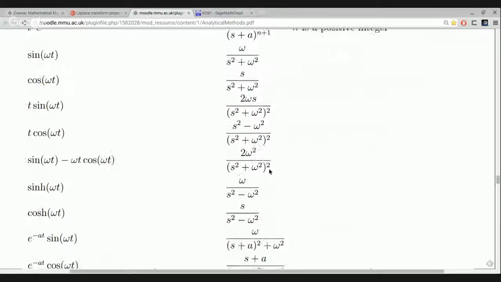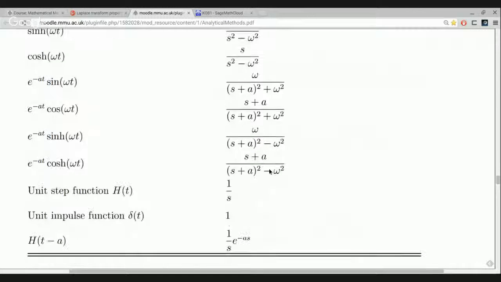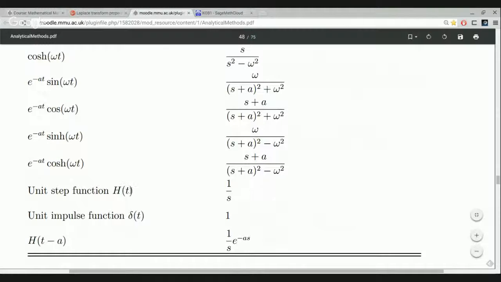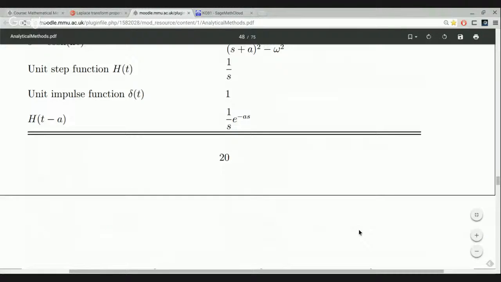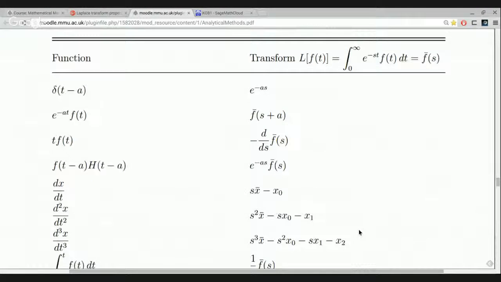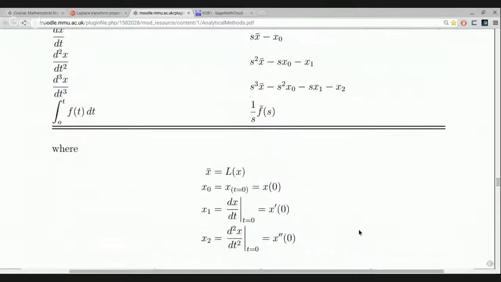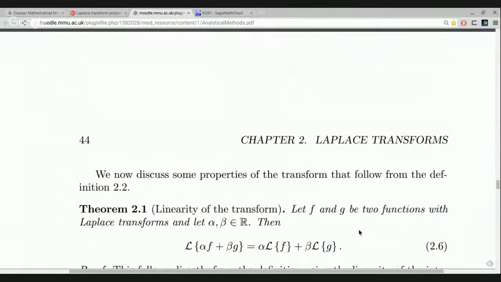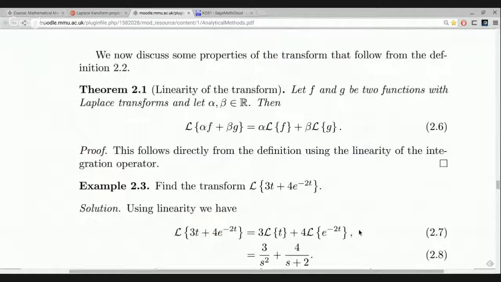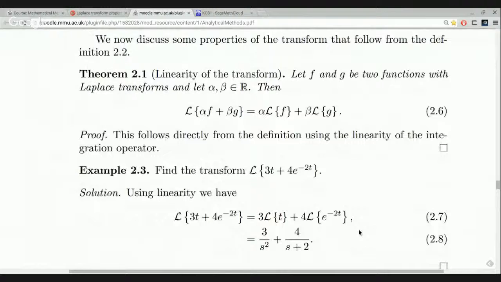Then the rest of the table is summarizing some new functions introduced down here, which we'll encounter soon enough. And then the other side of the table is summarizing some important properties of the transform. Some of those we're going to look at and prove now. On the following page, page 44, is where we start to list and describe some of the important properties of the transformation.